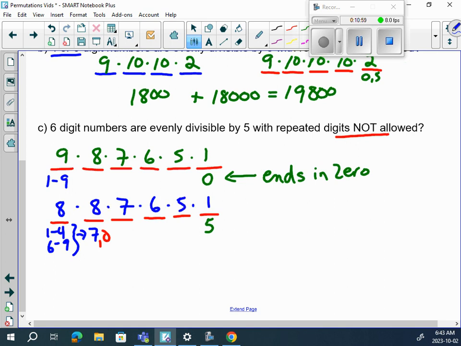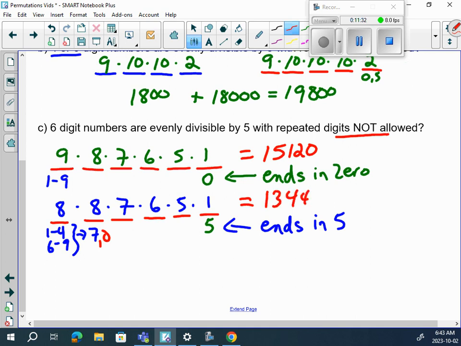And again, if I multiply each of these out, I get 2 numbers. I'll add those together to get my final answer. So I made a bit of a mess of this, but basically this first value is 15,120. I had to pause so I could figure that out. My second value is 13,440.